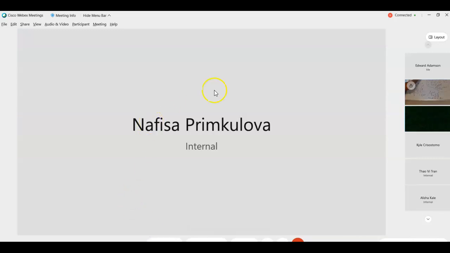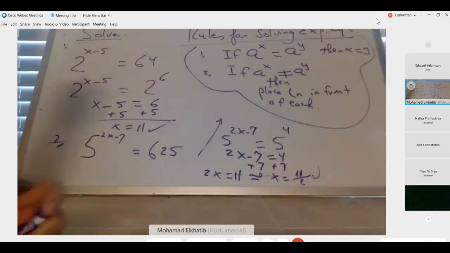If it's possible, Professor, when you clean the board, could you please put, for example, ln and then an explanation, log and then an explanation, and then e and then an explanation? Because I want to know the difference between them. Okay, I think I understand what you want.